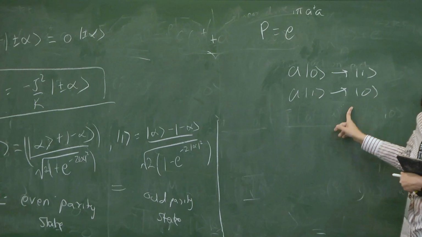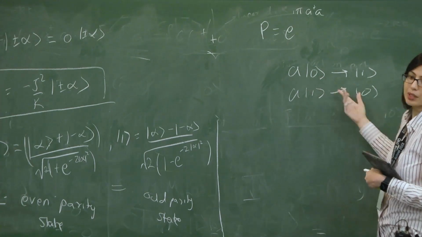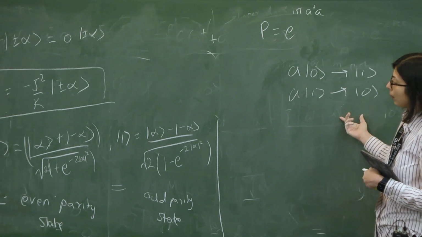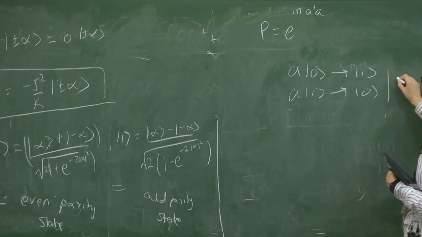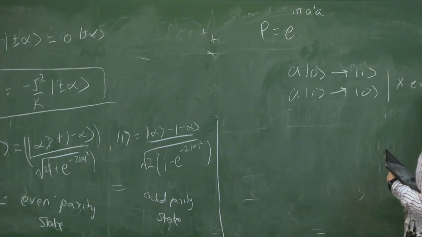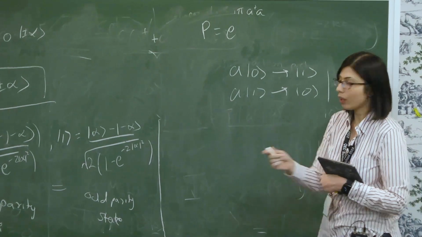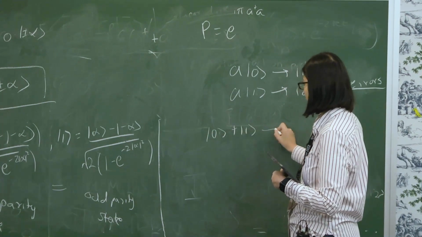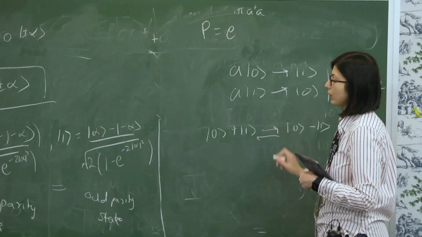So it will cause these parity flips, in this term, X errors. But it will not cause Z errors. So it will not take you from 0 plus 1 to 0 minus 1 and vice versa.